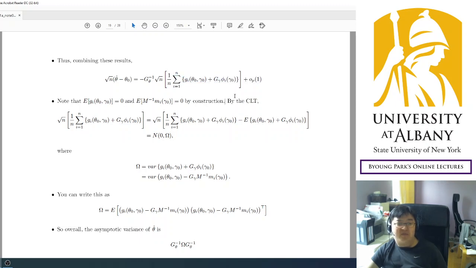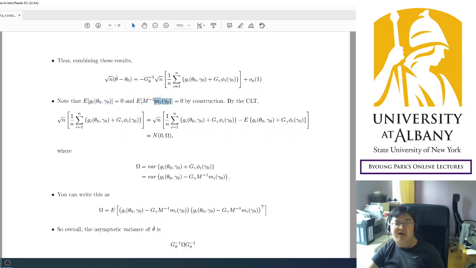By the central limit theorem, the first thing you need to show here is that the expected value of this is 0. So minus 0 is hidden. The original central limit theorem is square root n times sample average minus population expectation. But population expectation is not required here because it is 0. You can show this by yourself.